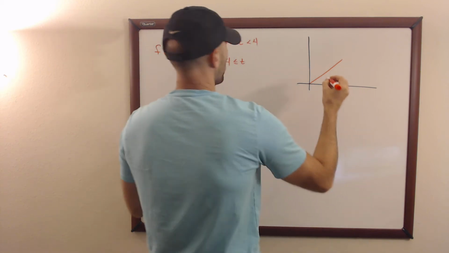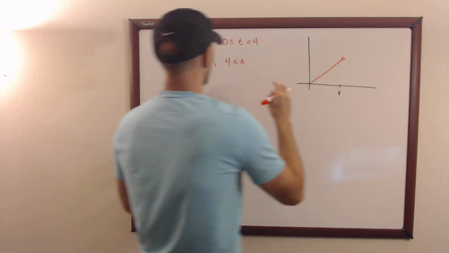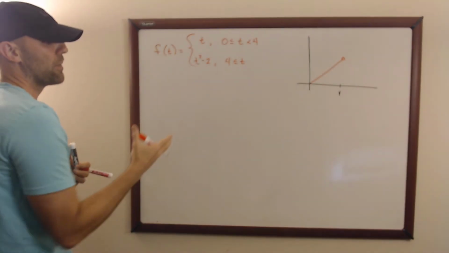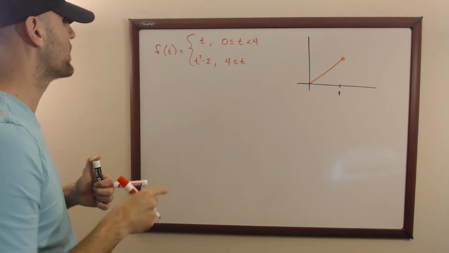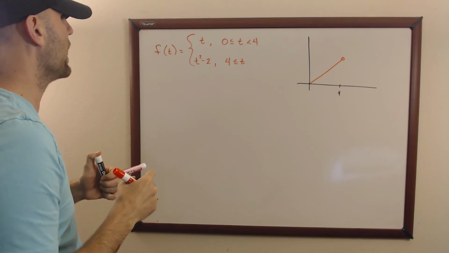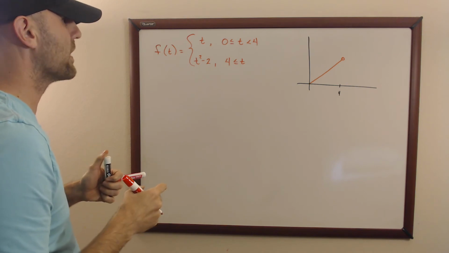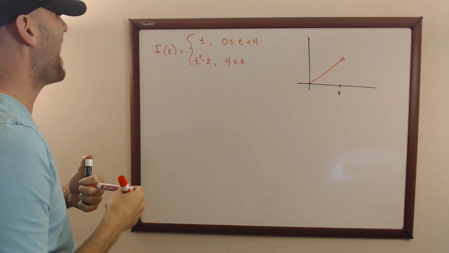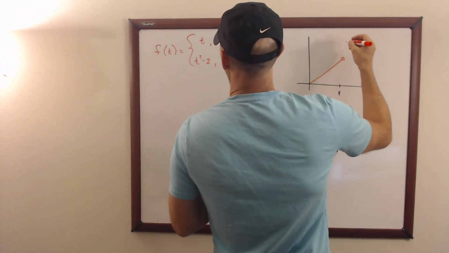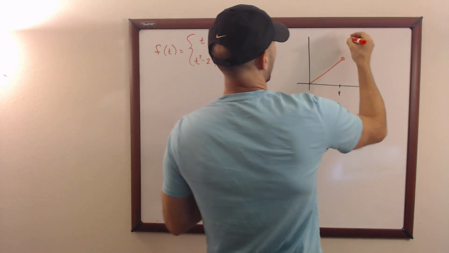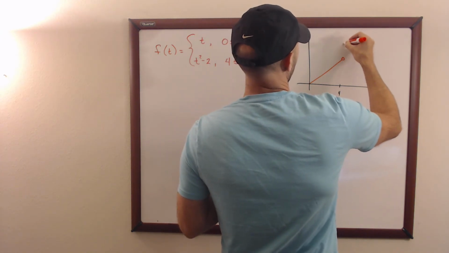Specifically, it looks like the line f of t is equal to t, a line with slope 1. After that, it looks like a quadratic shifted down, so it'll actually be up here.